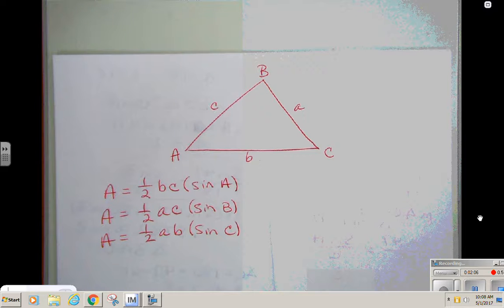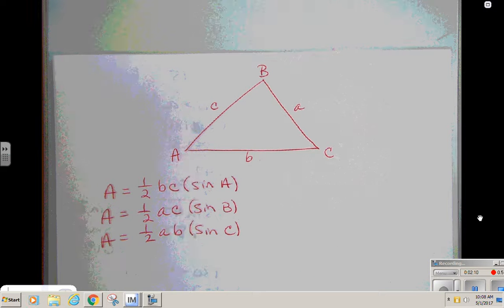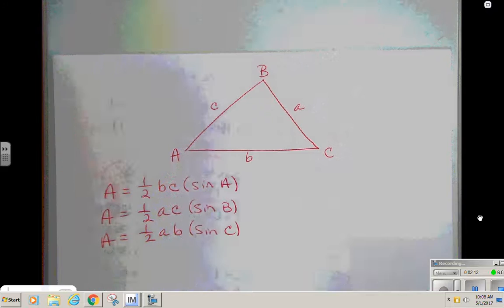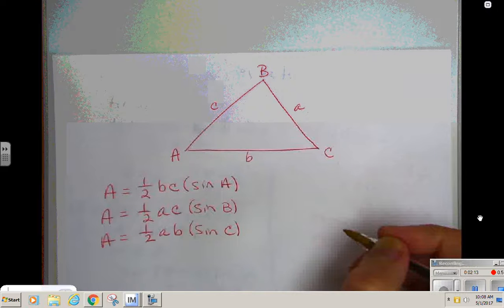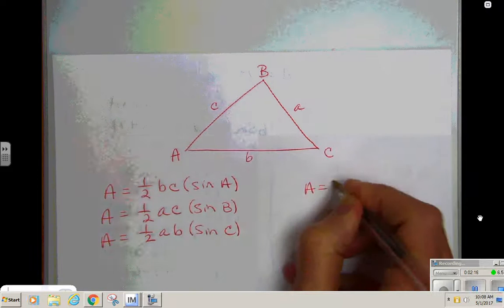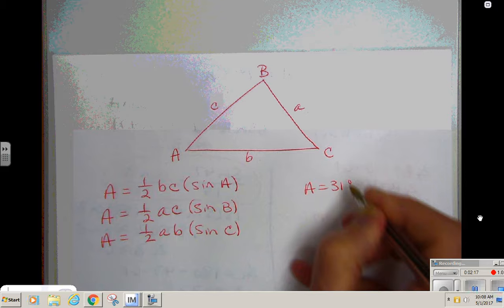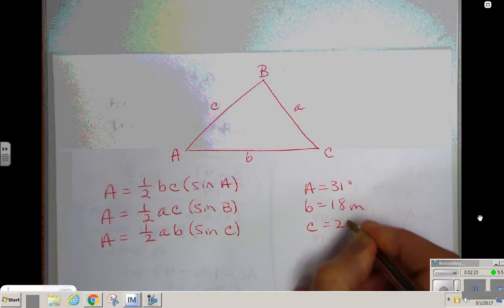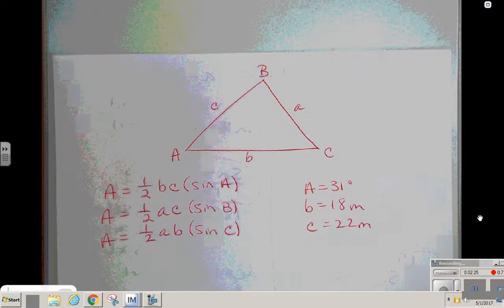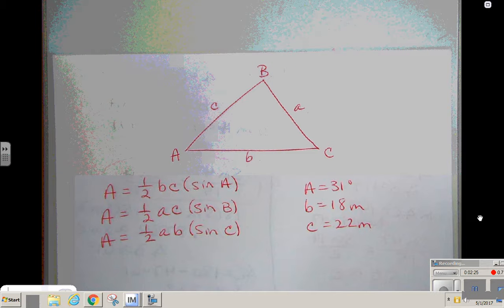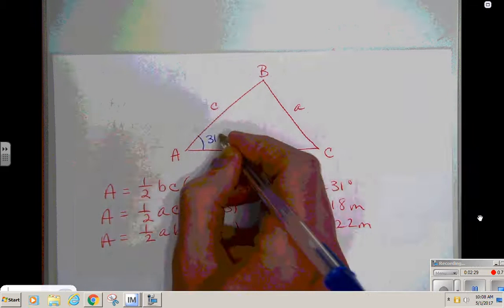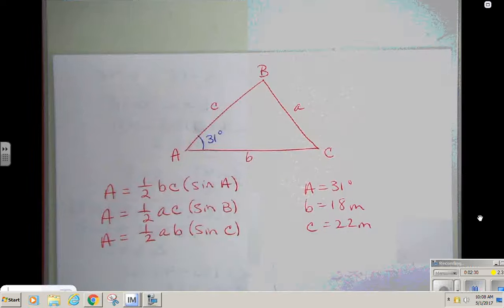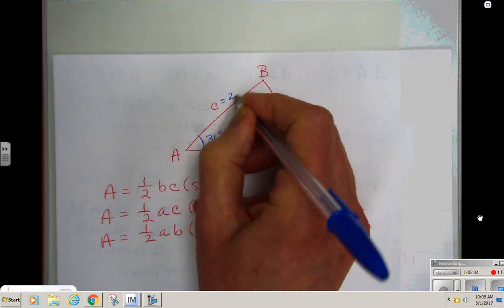So let's look at the first example. Find the area of triangle ABC to the nearest tenth if A is 31 degrees, side B is 18 meters, and side C is 22 meters. So I'm just going to label this triangle that we already have drawn. Angle A is 31 degrees, B is 18 meters, and C is 22 meters.